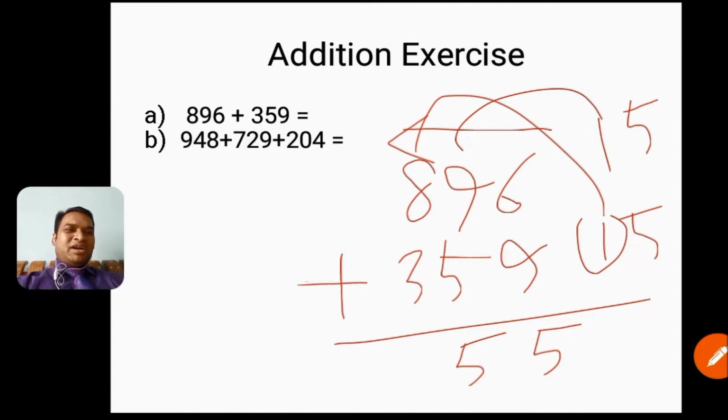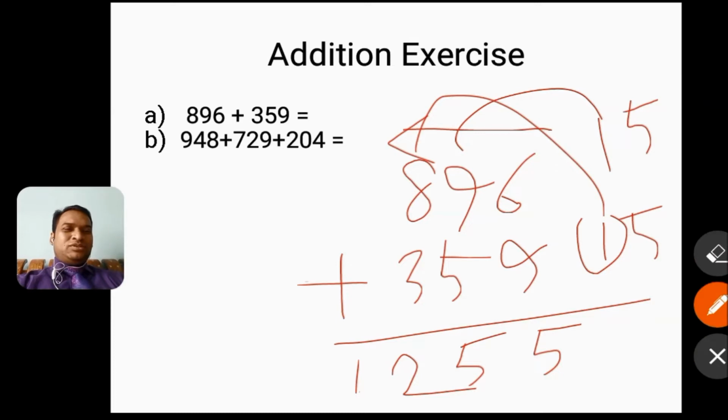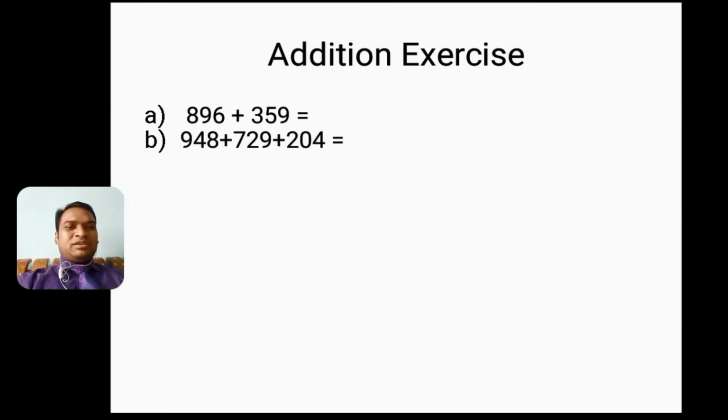So 8 and 1 equal 9, and 9 and 3 equal 12. So we'll write 12 here. Our answer is 1255. I hope you understand, and you already received the sheet, so try to do all the addition problems that I gave you. Then let's go to the next slide.